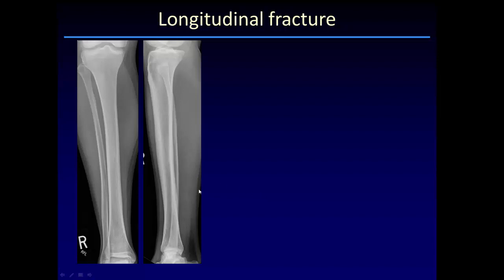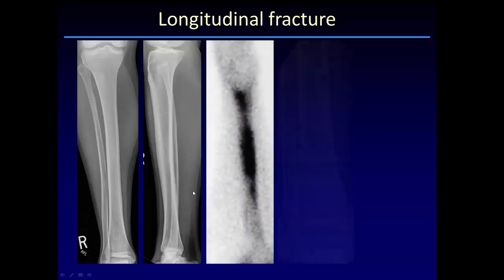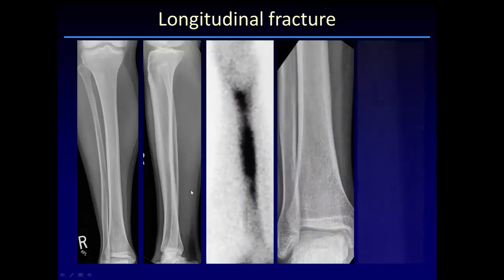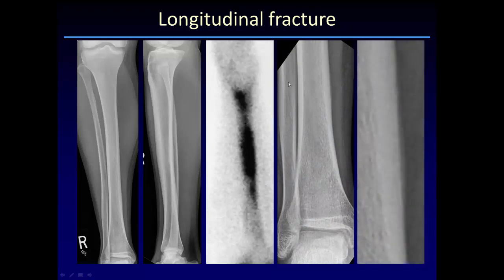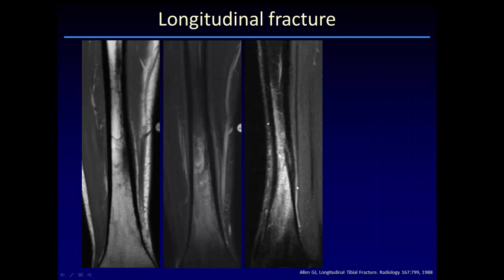Let's look at this patient. The radiographs show some periosteal thickening. I don't clearly see a fracture line anywhere in this particular patient. The bone scan shows an intense area of uptake. We see some subtle periostitis involving the tibia on the magnification views, but nothing like what we are seeing here on the bone scan.